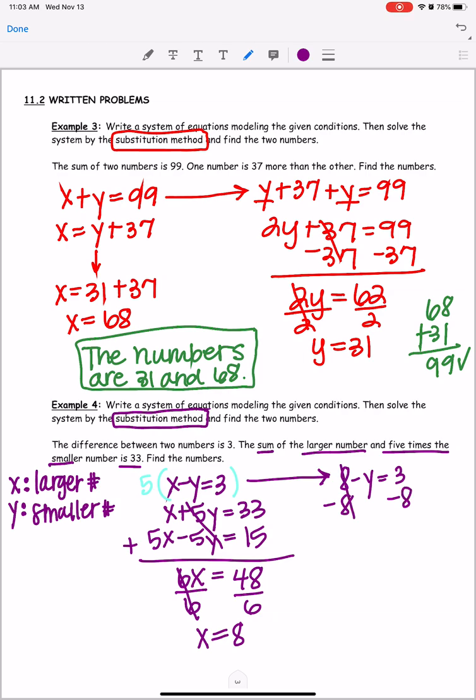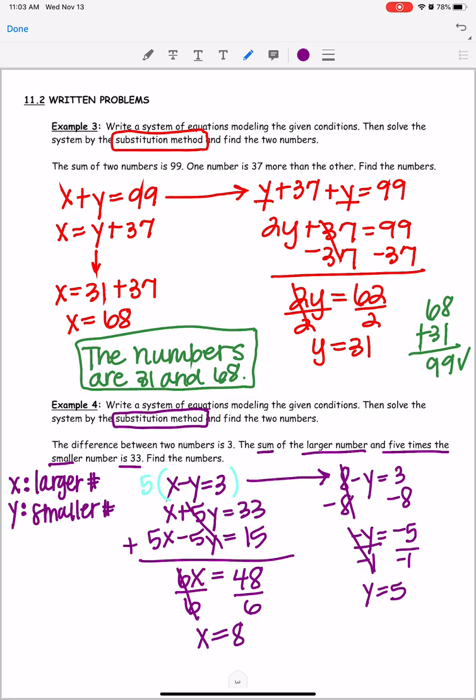Once I subtract my 8, I'm not left with a y, I'm left with a negative y. So negative y equals 3 minus 8, which is a negative 5. Divide by negative 1, and my y here is 5.